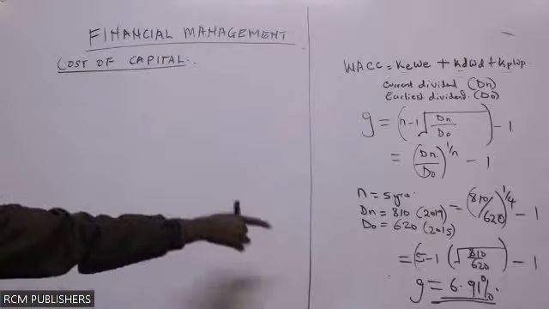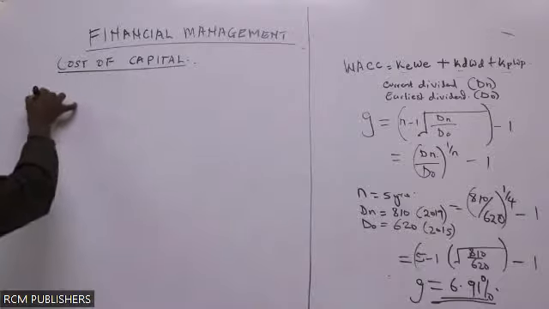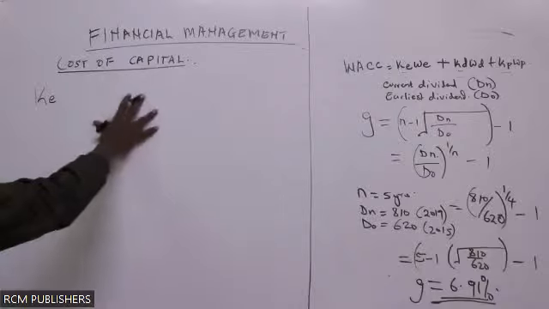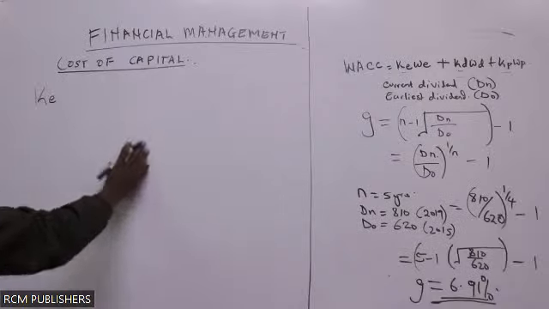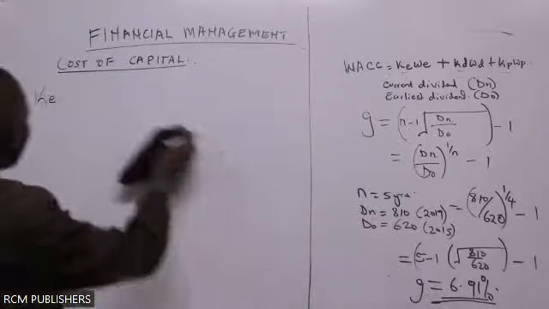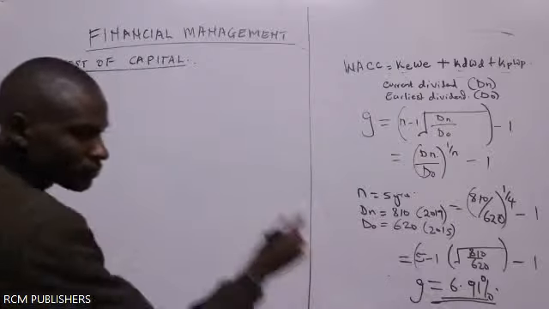So having my growth, I know that for KE I am now getting the component cost. I want to get the component cost. So I say component cost.